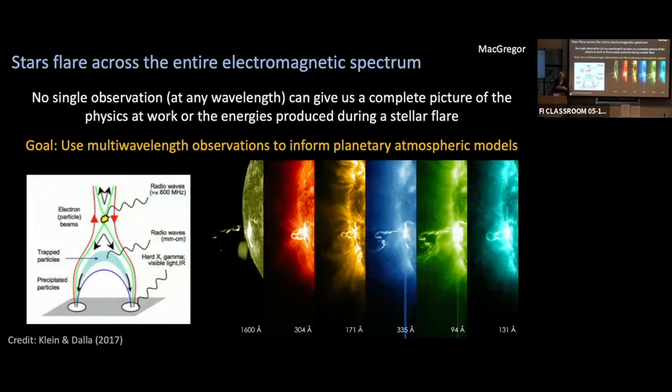We would expect to be probing different parts of a flare and different physical emission mechanisms as a function of wavelength. Here's a typical flare cartoon picture where we have magnetic field lines threading into the photosphere of the star. As the star convects, those lines get twisted. Eventually they snap and reconnect, and that snapping is what produces the flaring emission.